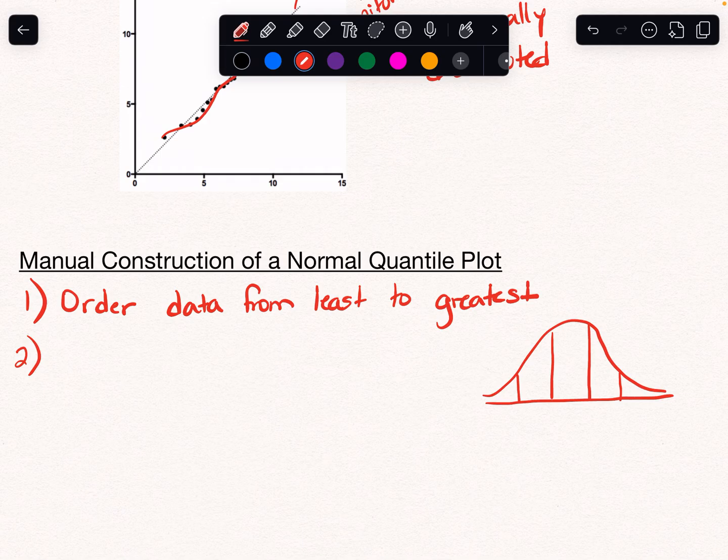Technically I cut it into 1, 2, 3, 4, 5 parts, so that means there are 5 data values.